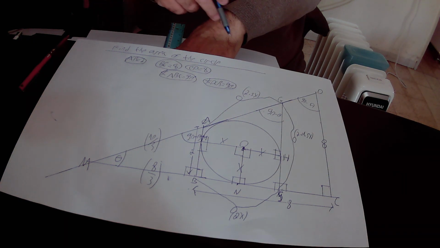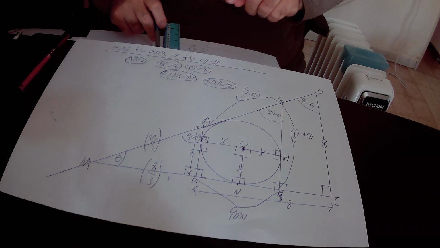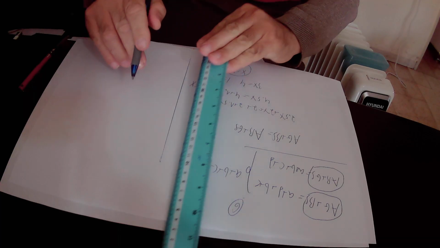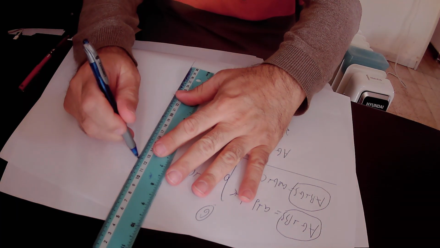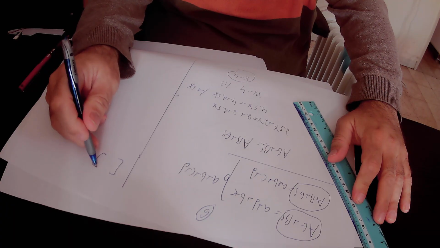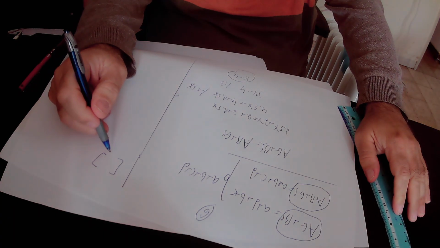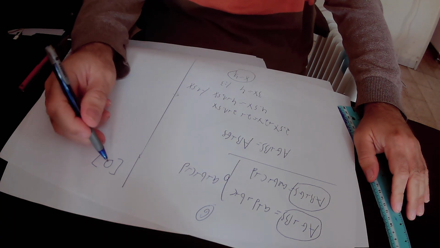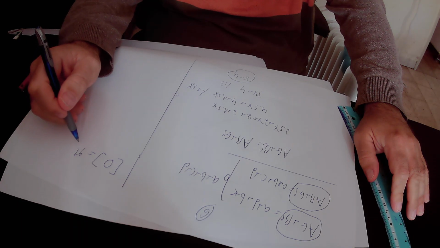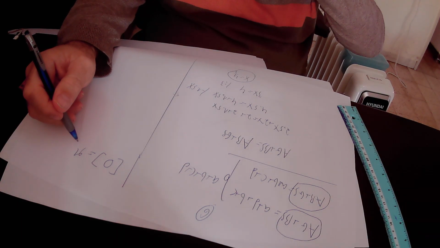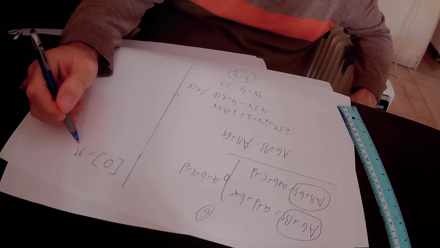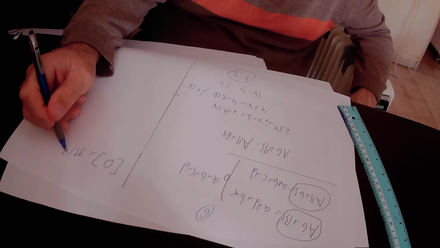Our mission is to find out the area of this circle. The area of any circle equals pi times the radius squared. If the radius is r, then it is pi r squared.